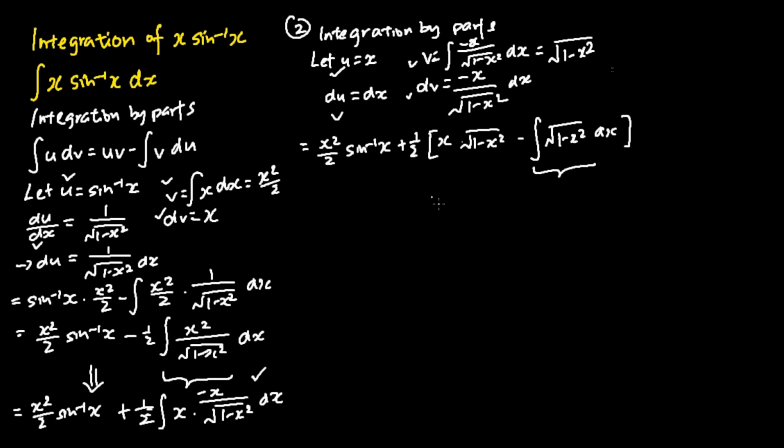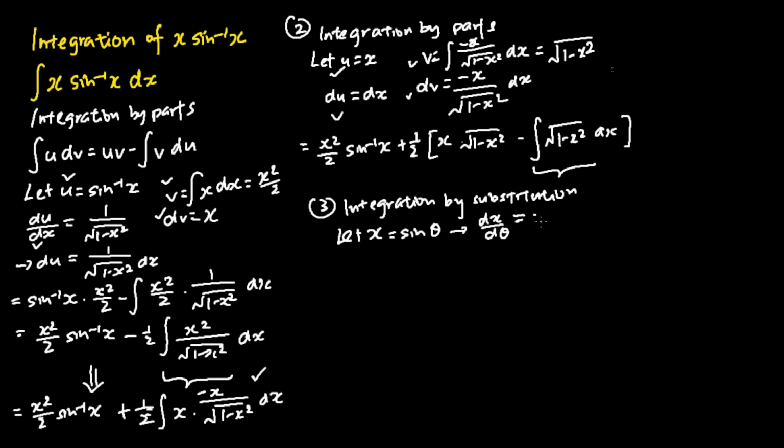The next part I have to do is evaluate the integral of square root 1 minus x squared dx. For this particular part, we will actually apply the integration by substitution technique. We let x be equal to sine theta, in which if I differentiate x with respect to theta, I get cosine theta.